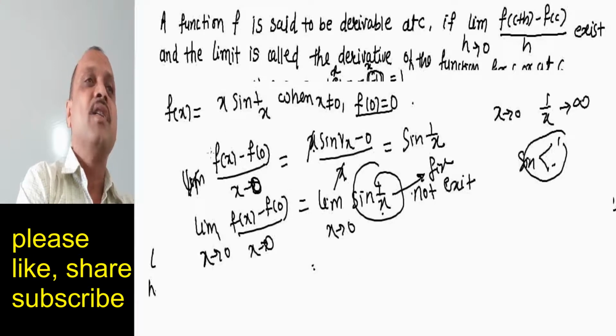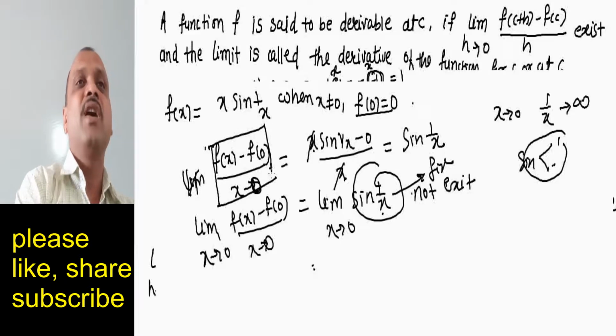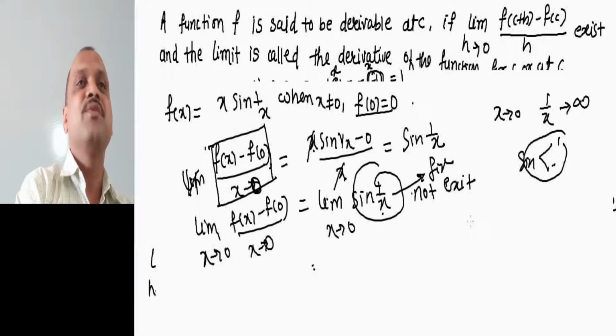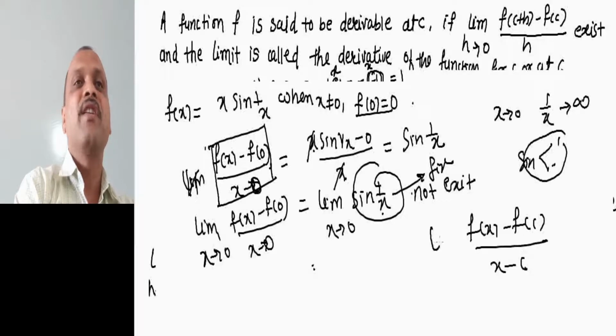Here you might wonder why, instead of f of c plus h, I have taken f of x minus f of 0. There is another formula, where we write the same definition as f of x minus f of c divided by x minus c, where x tends to c. Whenever this limit exists, this definition and the earlier definition are the same.